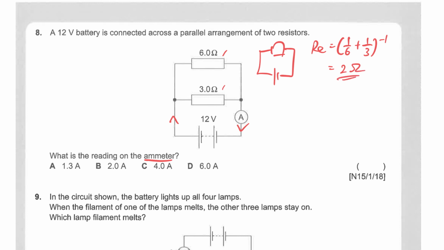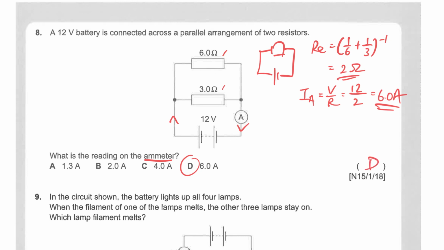That's the total resistance for the whole circuit. Then I can find the current flowing through the ammeter, which is the main current, V over R. If I use the EMF, which is 12 volt, I must use the total effective resistance. So the current flowing through is 6 ampere. So the answer is D.